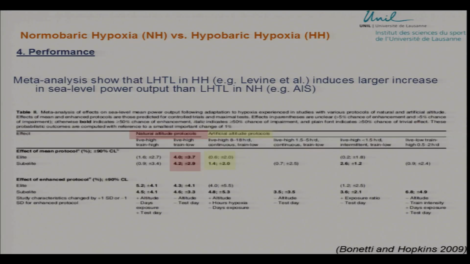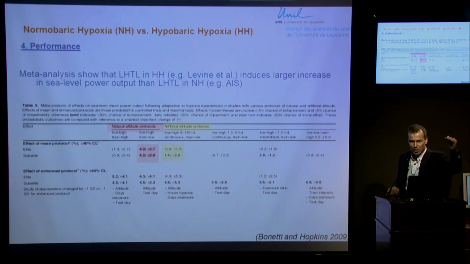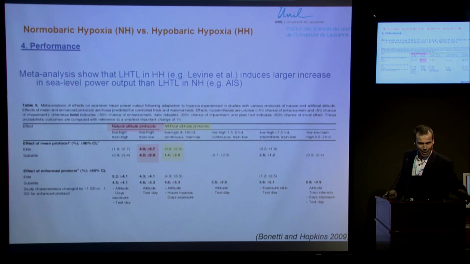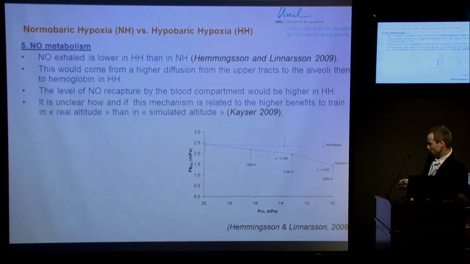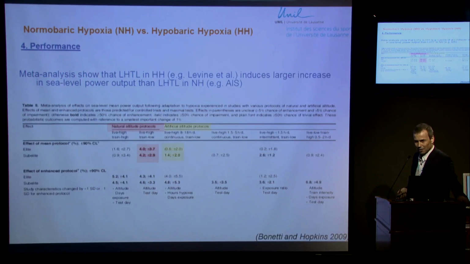Then if we look at what has been called the supposed-to-be enhanced protocol, where you move the altitude a little bit or you delay the performance a little bit, you can see the same type of difference between HH and NH. It's not so clear, but it's still in favor of the HH live high, train low protocol.